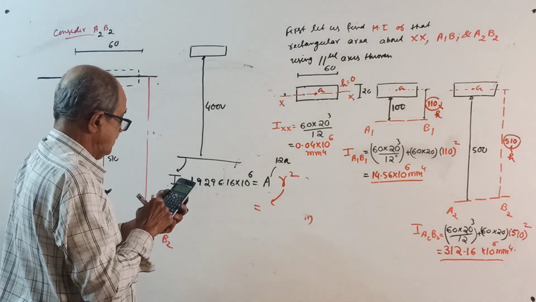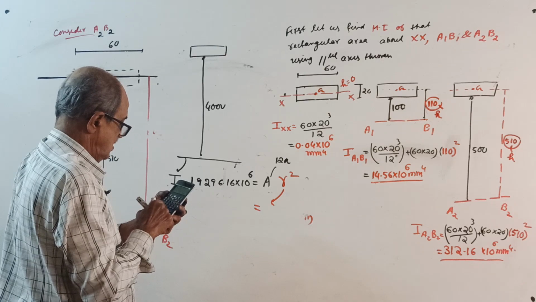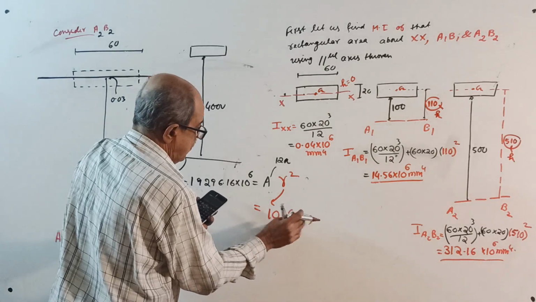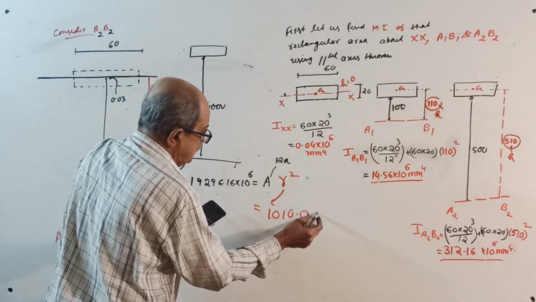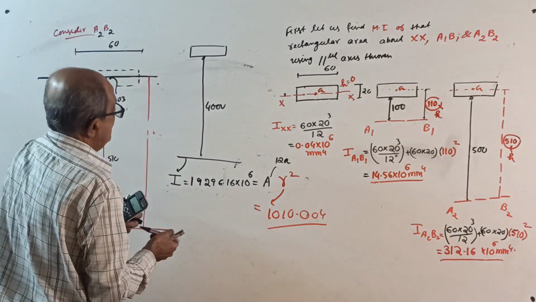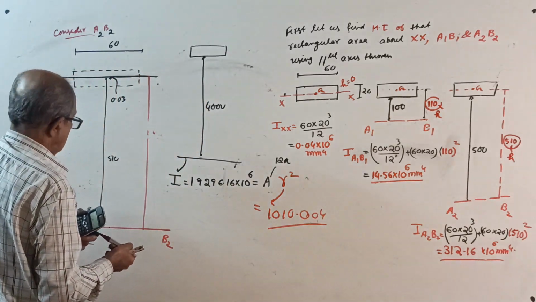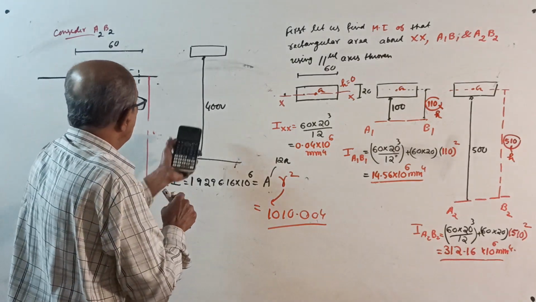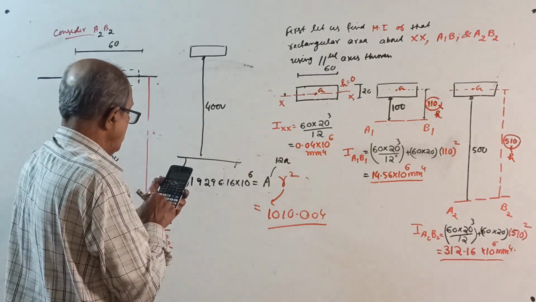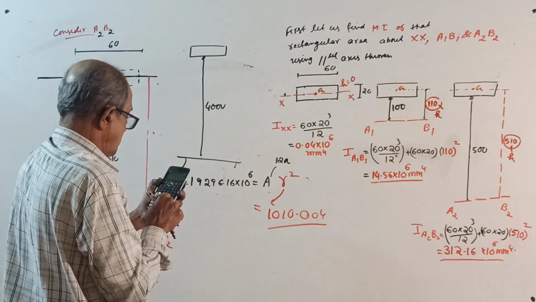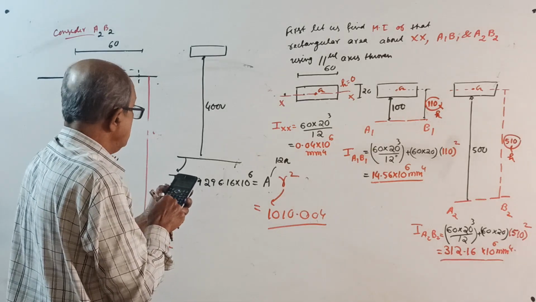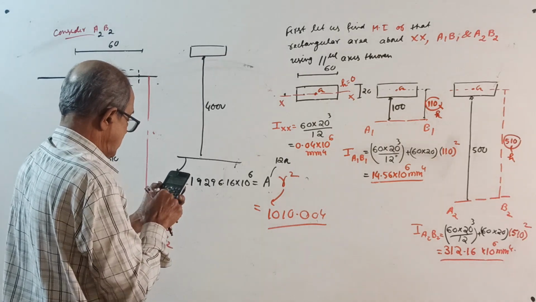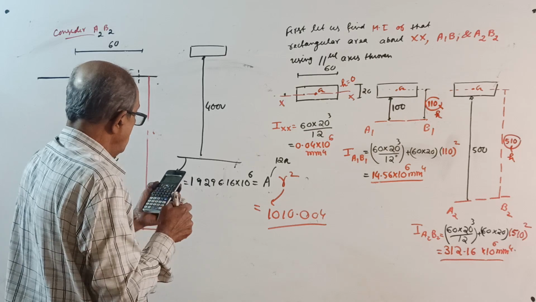Something is wrong. One minute. 60 into 20 cube divided by 12 plus 60 into 20 into (4000 plus 10) square.